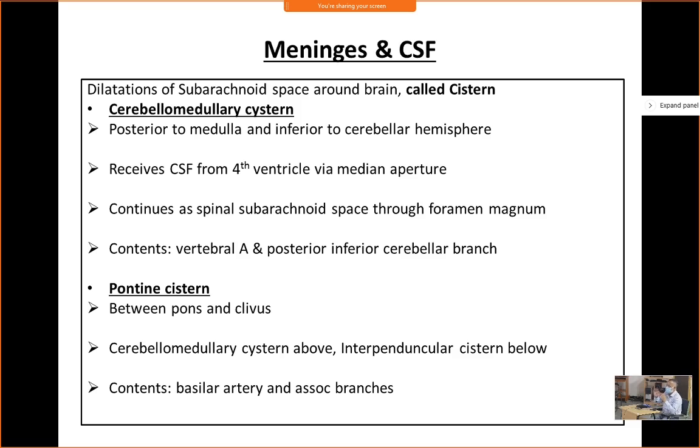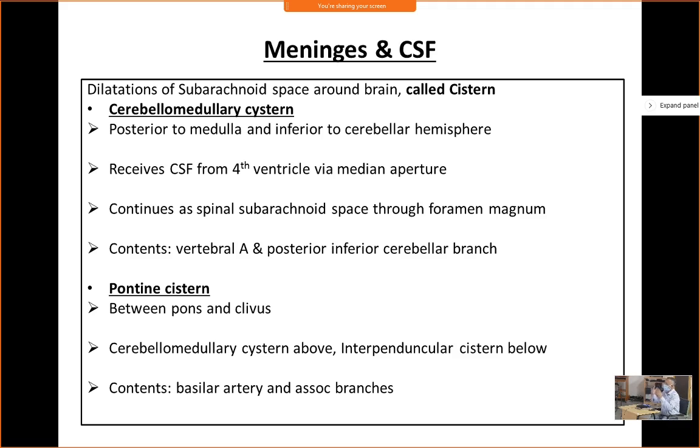So, in the fourth ventricle we have an aperture at the midline, that is the median aperture, which is called the foramen of Magendie, and laterally we have the foramen of Luschka. Already you know this thing from your class 12, I know.